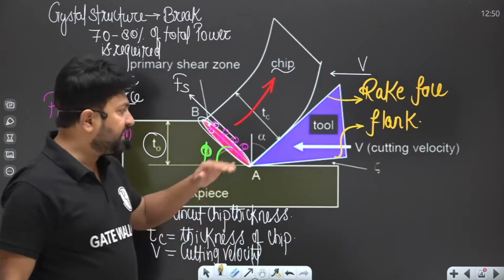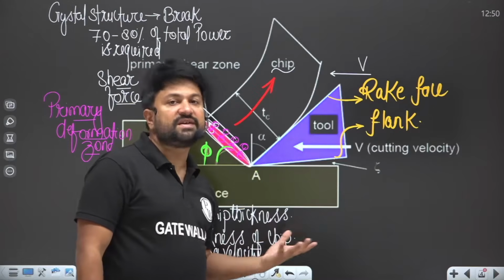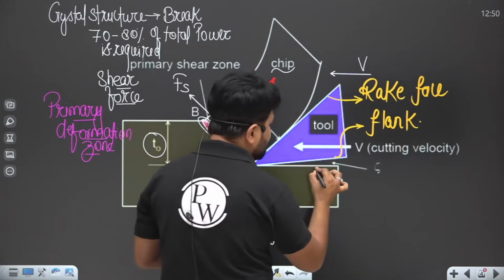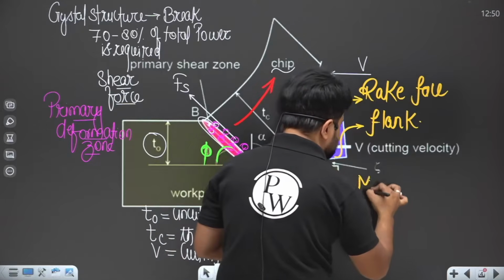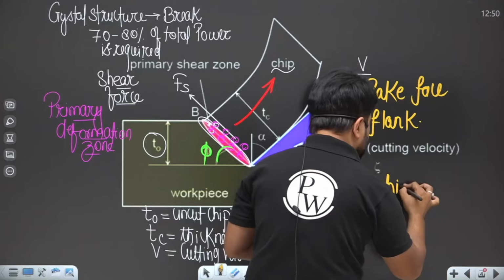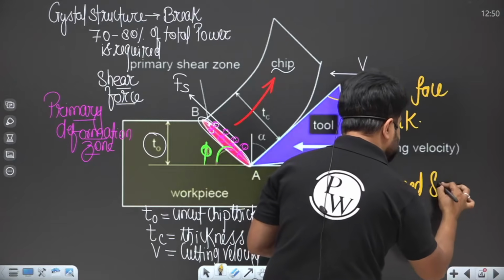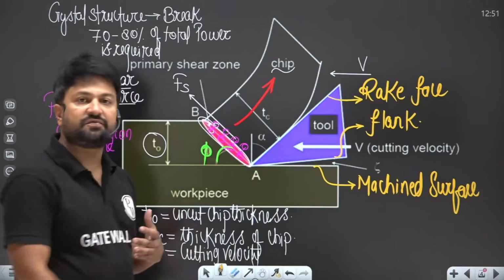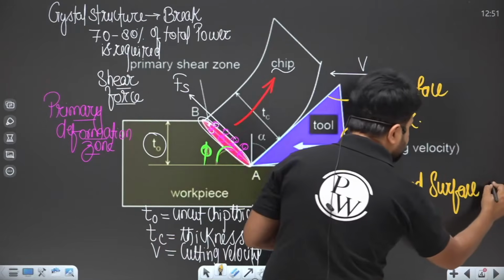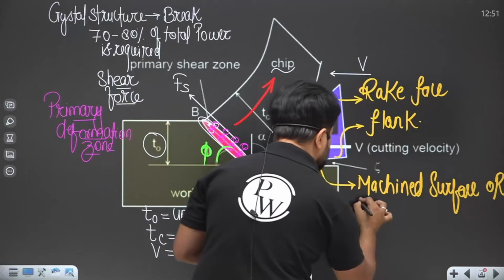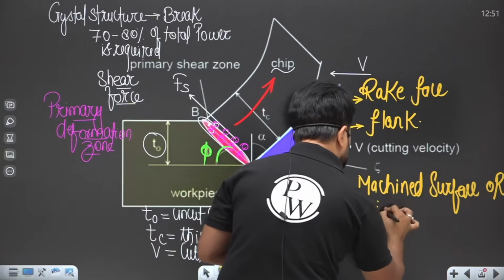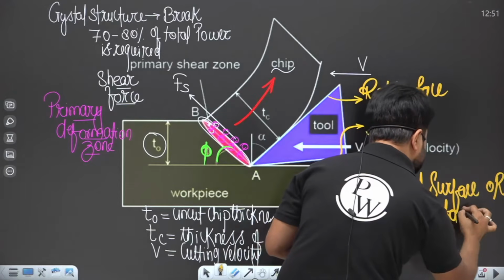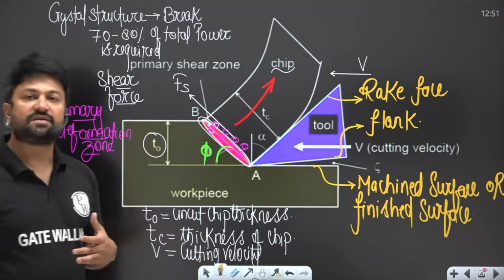Basically, the flank surface is toward the finished surface of the workpiece, because this is the cut portion of the workpiece, or you can say the machined surface, the finished surface.